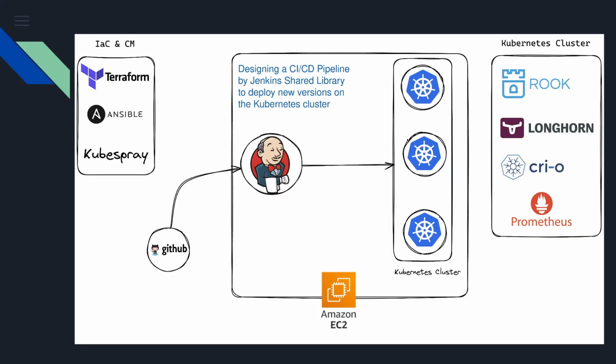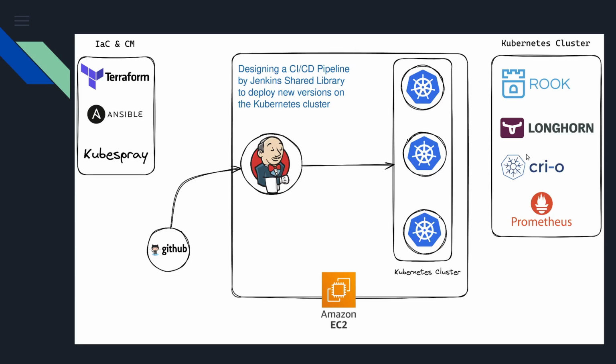As you can see in this diagram, Terraform and AWS EC2 will be used for creating required VMs. Afterward, Ansible will be used for provisioning the VMs, and finally, the Kubernetes cluster will be installed by Ansible Kubespray.